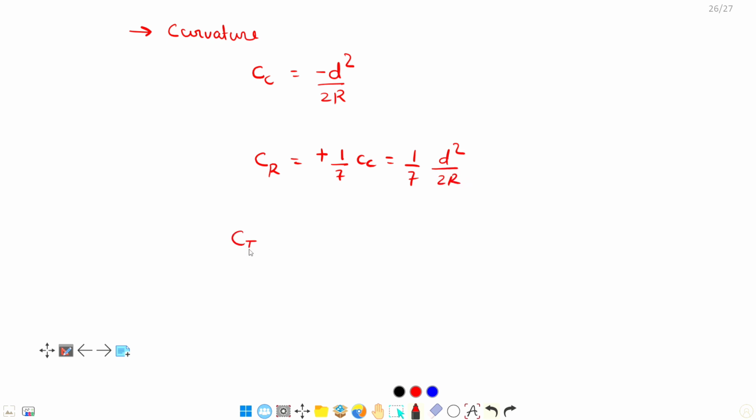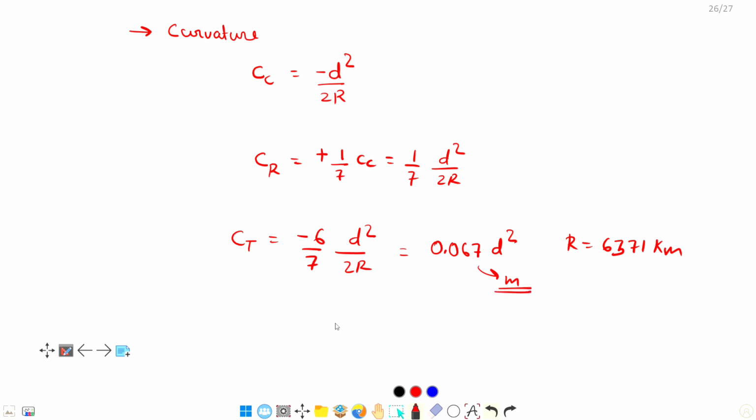Again, total correction will become the summation of both and it comes out to be minus 6 upon 7 d square upon 2r, and when you write it down in numbers, put the value of r equal to 6371 kilometers, that is the radius of earth, and you will get the value as 0.067 d square. Here CT is in meters.